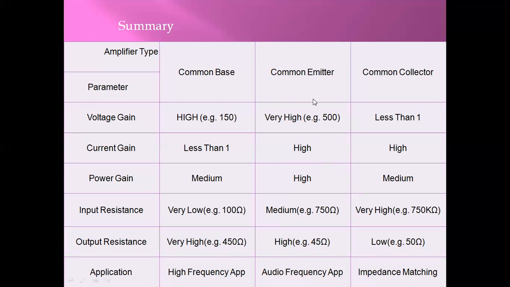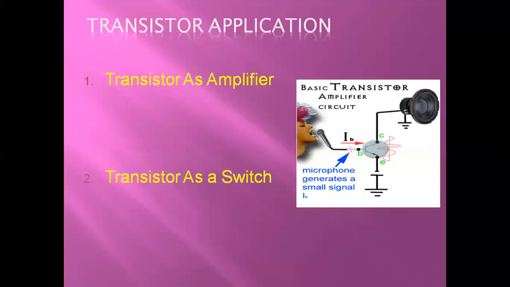In the common emitter amplifier, audio frequency application, that is amplification of voice signals, or decreasing, its frequency can be monitored. In the common collector, impedance matching application will utilize this common collector. We'll have a detailed look at these applications.